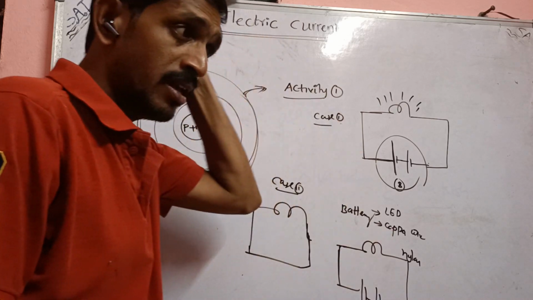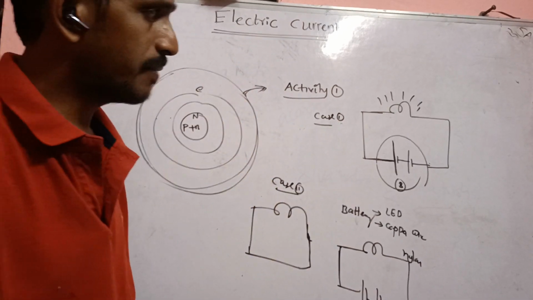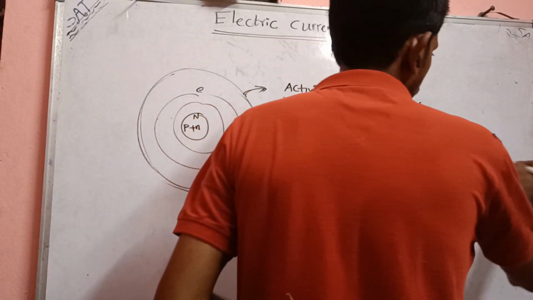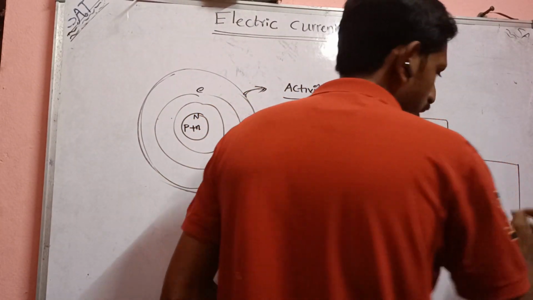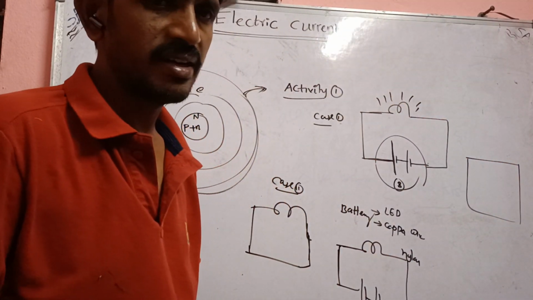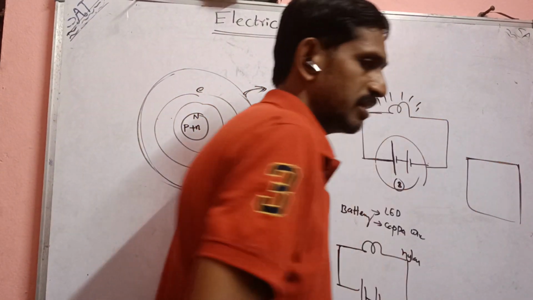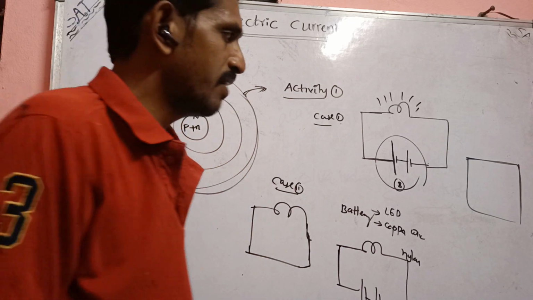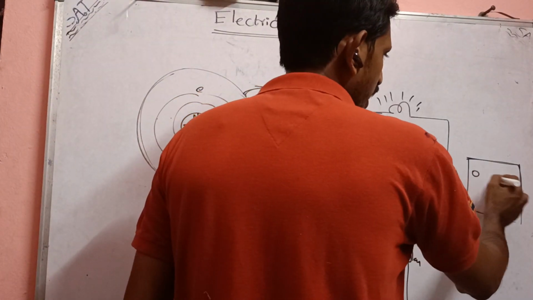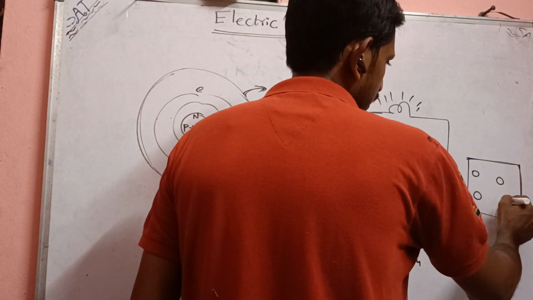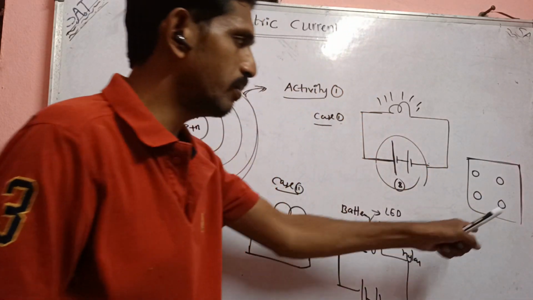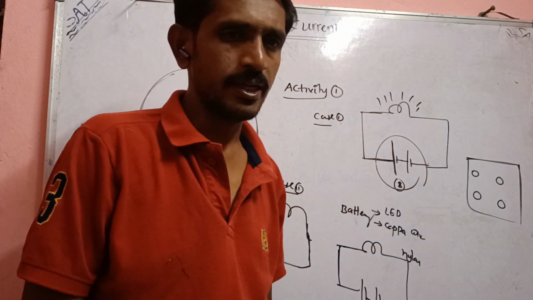For example, any solid body consists of a number of atoms, constructed in terms of lattice points. This is one atom, second atom, third atom, like this.